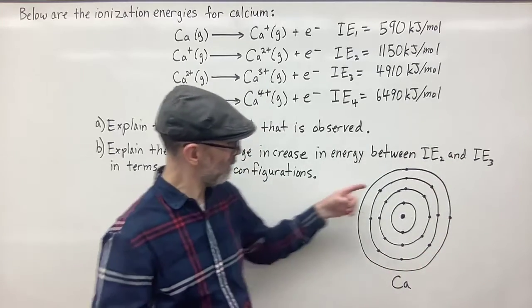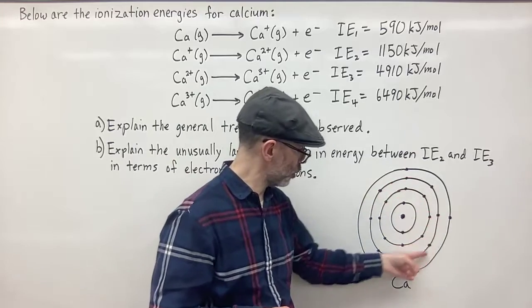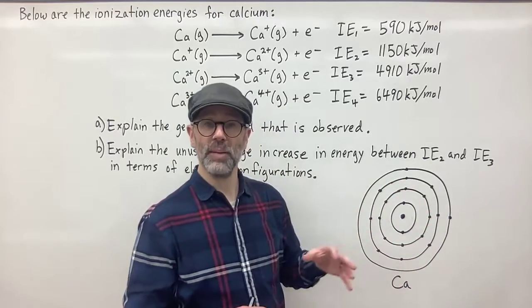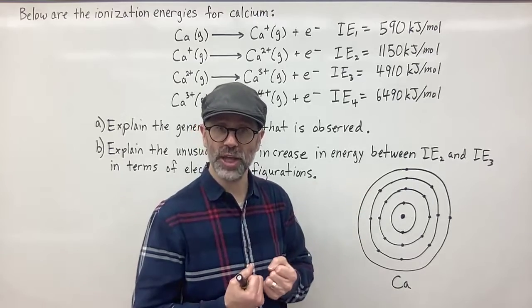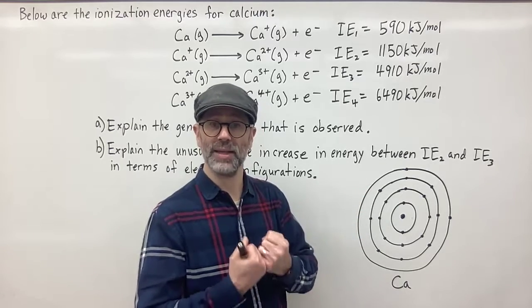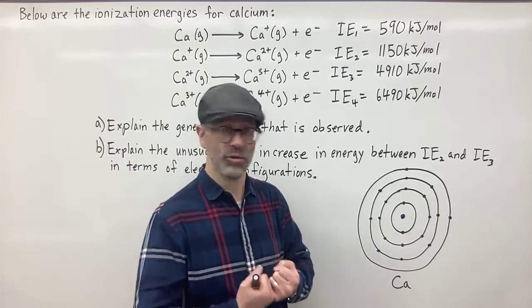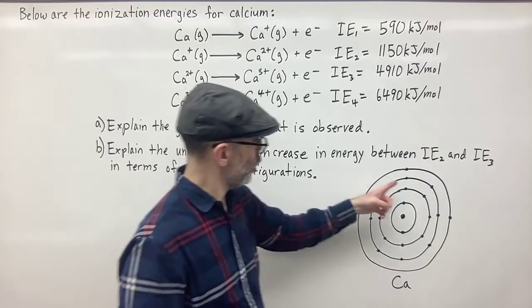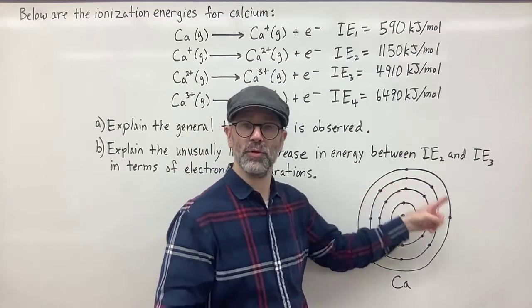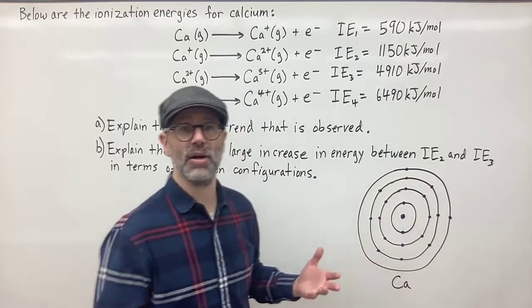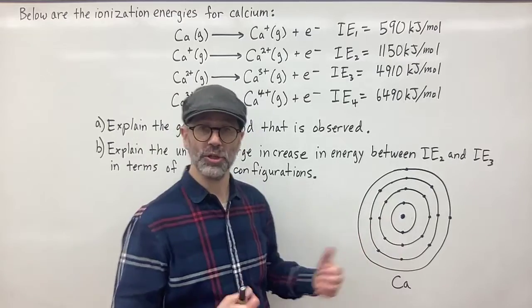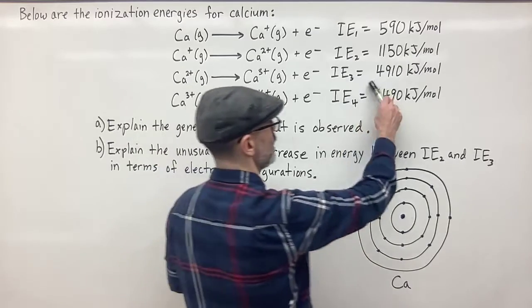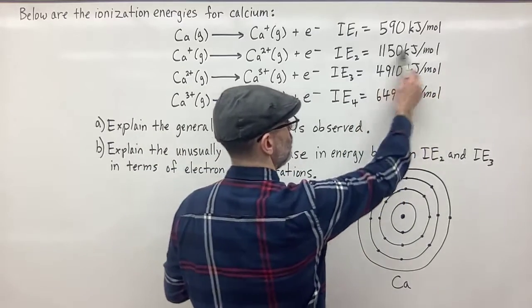But not only that, notice that we are closer to the nucleus. Remember, the closer you are to the nucleus, the stronger the attractive force felt by the electrons from the nucleus. So this third electron I'm going to be removing here is going to require even more energy than the first two. And so you'll see that here as well.